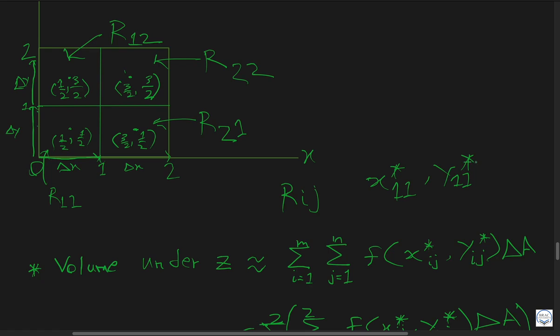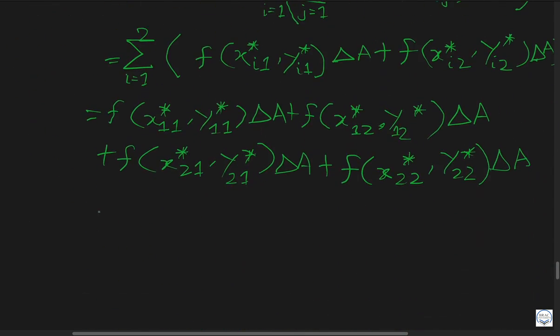And if I want to find the star coordinates, if you remember from the previous video, the xy star coordinates along the R11 box is just x11 star and y11 star. And here, this is half and half.